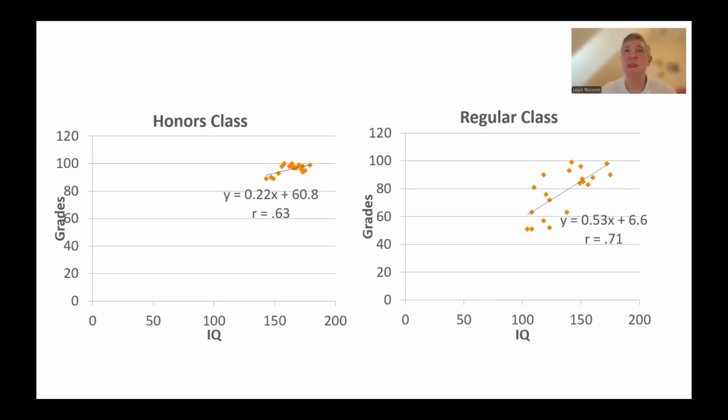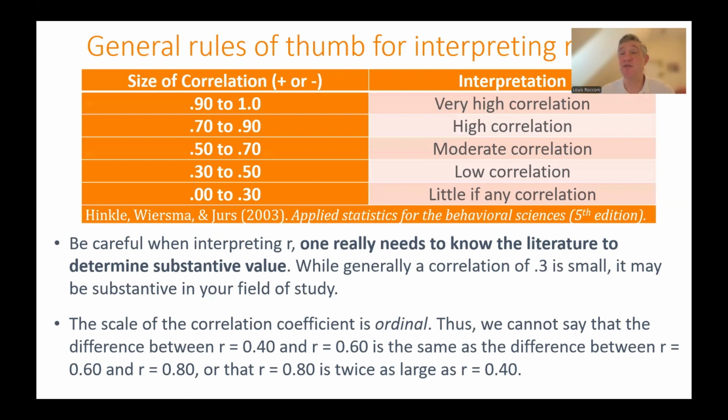Here are just some rules of thumb for interpreting the correlation coefficient. I got these from Henkel's stats book. You can see the citation here. I would take these with a grain of salt.